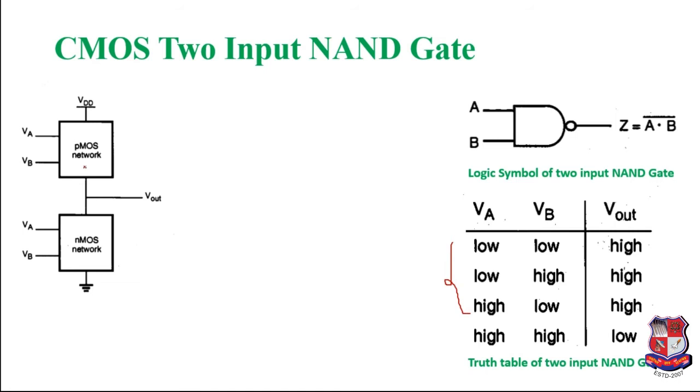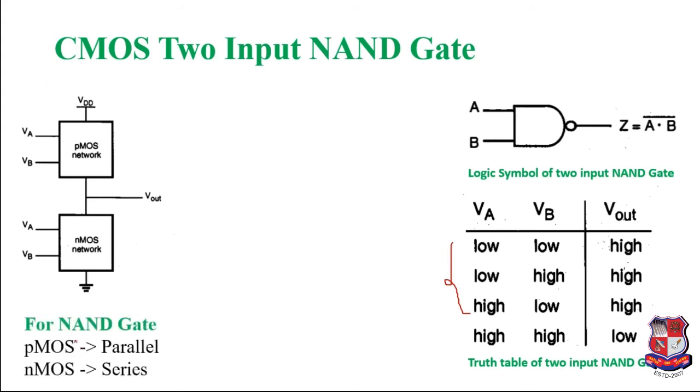That is possible only if the PMOS transistors are in parallel. If PMOS are in parallel, then NMOS transistors will be in series. So for the NAND gate the PMOS are in parallel and NMOS are in series, which is opposite to the NOR gate.